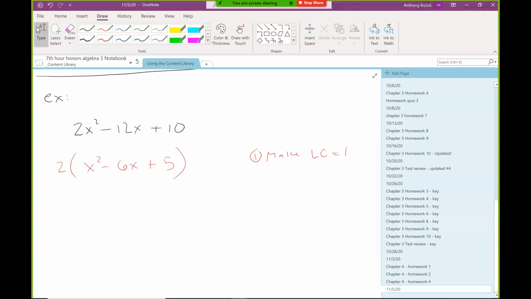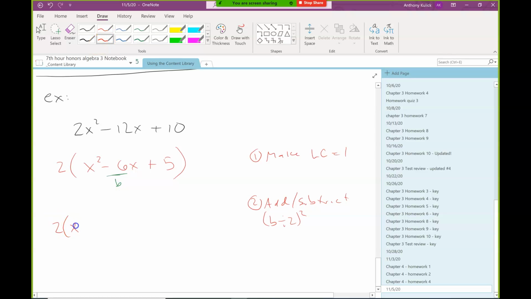Next, what do I do? I'm going to add and subtract b divided by 2 squared. What's b in our case? Well, -6, right? But since we're squaring it, calling it 6 is fine. You'll end up with the same answer.